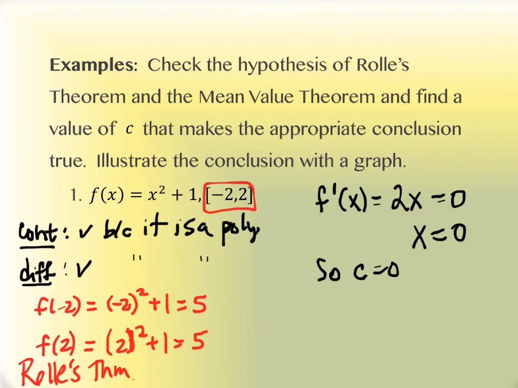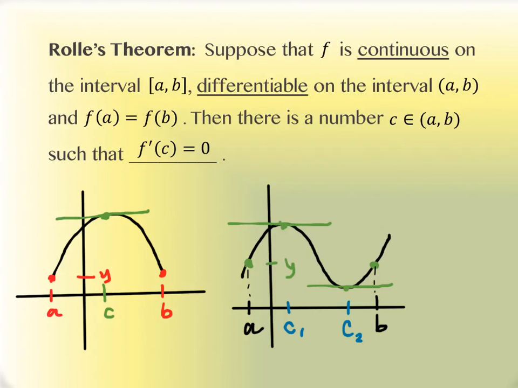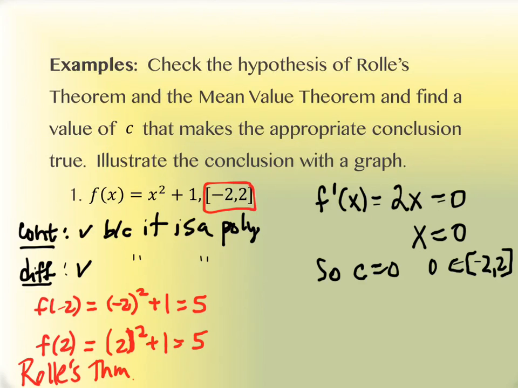C equals 0 if you want to use the notation they had before, and 0 is between -2 and 2. I think they used parentheses, so I probably should too. Okay, so we found the value of c. C was 0, between -2 and 2.